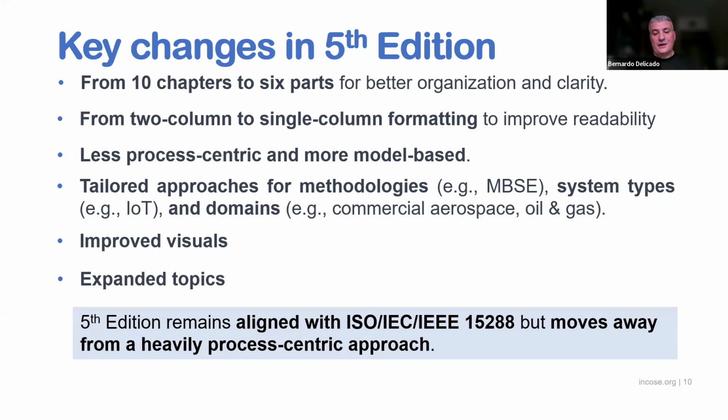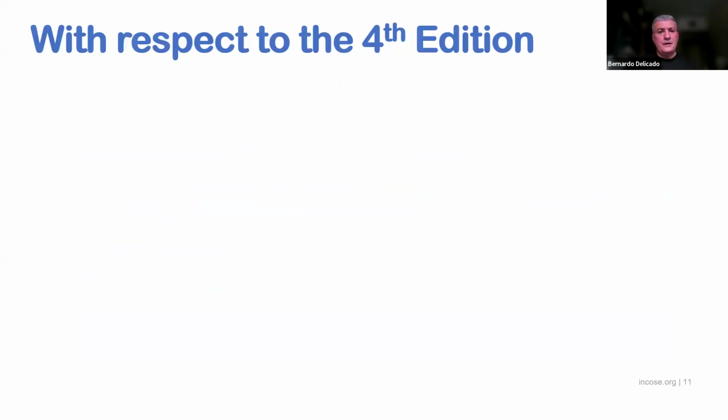It was an important debate at the editorial team, to try to not repeat again a handbook where all the chapters were essentially based on explaining a process, and it was the case for 5th edition.